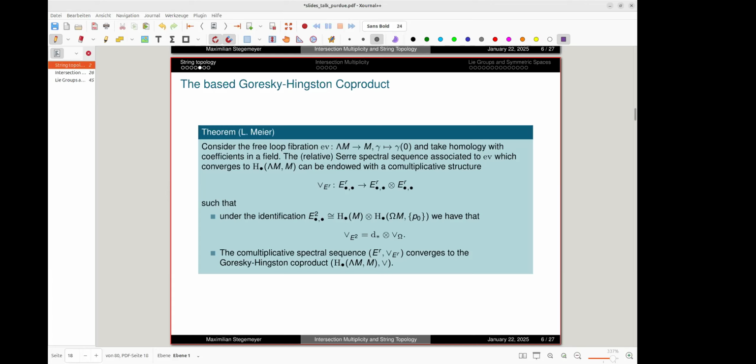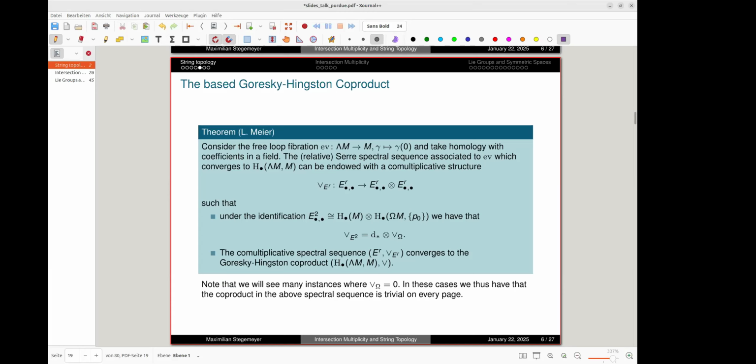So we see that this based coproduct tells us quite a lot about the Goresky-Hingston coproduct. In particular, in my talk, I will have many results where we show that this based coproduct is trivial.